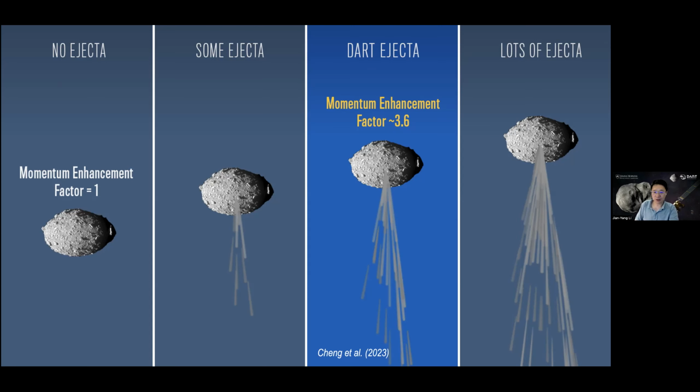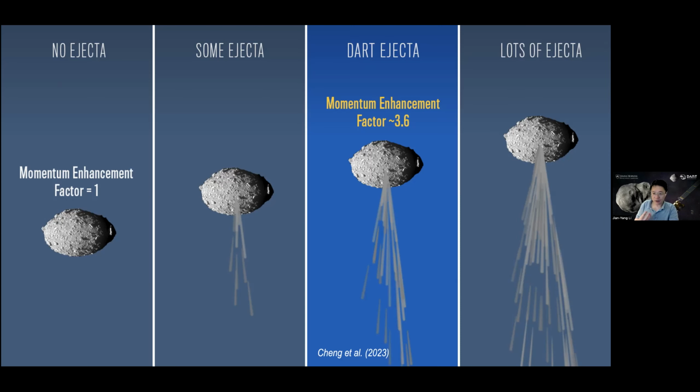So the ejecta will carry out some momentum, and that actually enhances the momentum transferred to the target. The more ejecta you have, and the faster the ejecta you can excavate in the impact, the more momentum enhancement we will have, so the more effective this push will be.